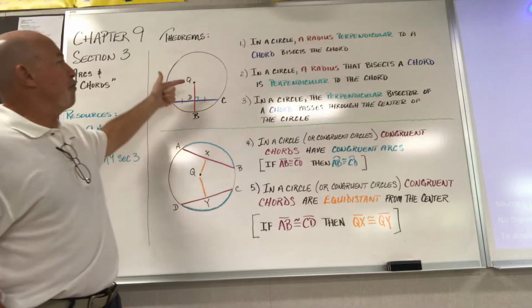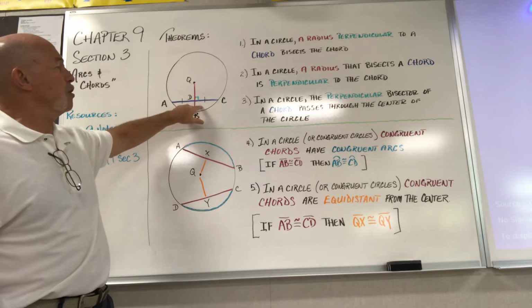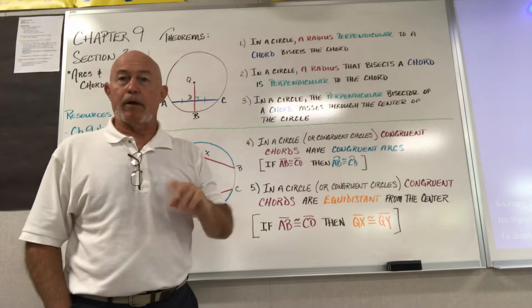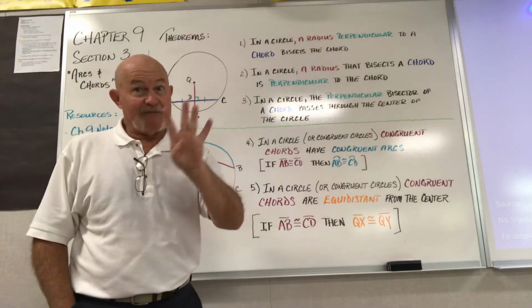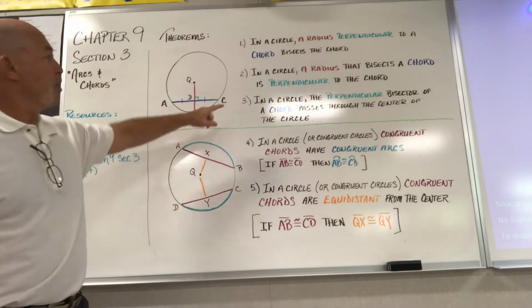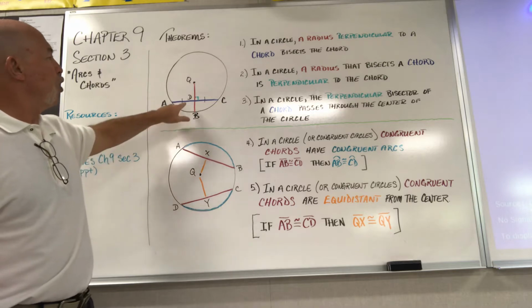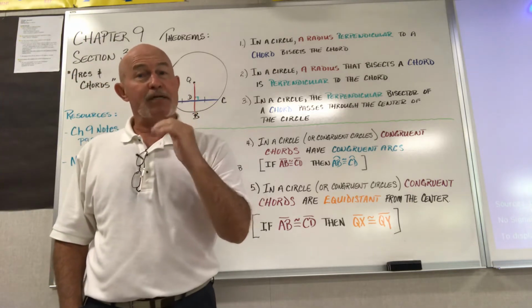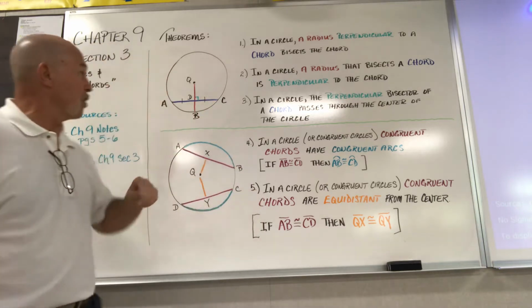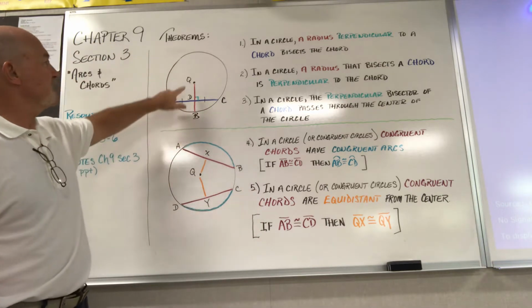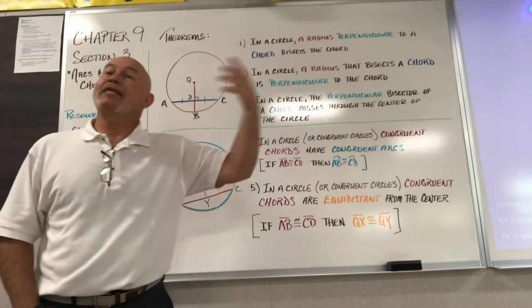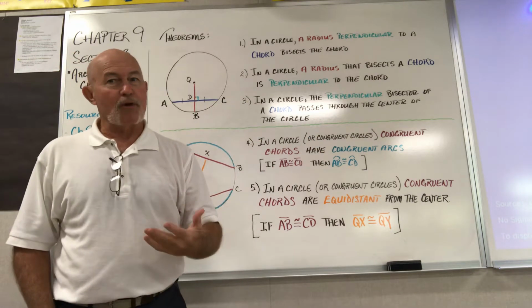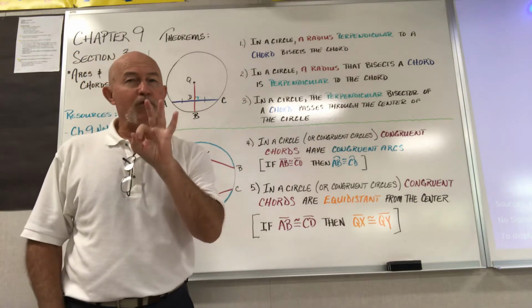Second, in a circle, a radius that bisects a chord is perpendicular to the chord. Converse, if then, remember those? In a circle, the perpendicular bisector cuts it in half and is perpendicular to it, remember that one, passes through the center of the circle, which means it's a radius. That's where we're at. So those three go together.